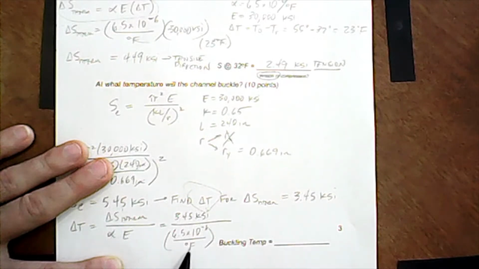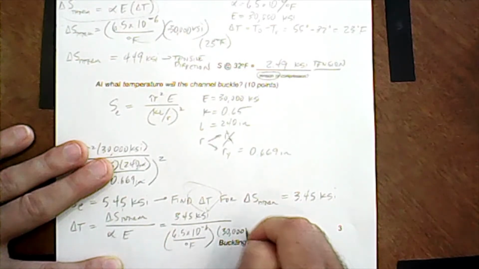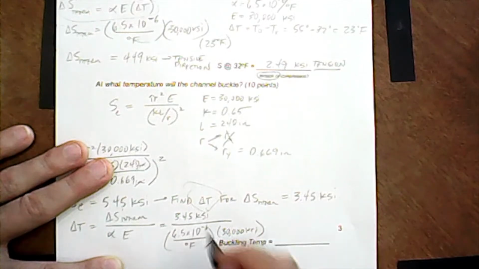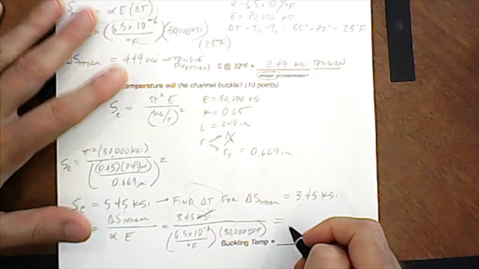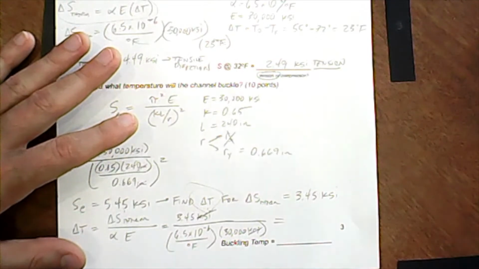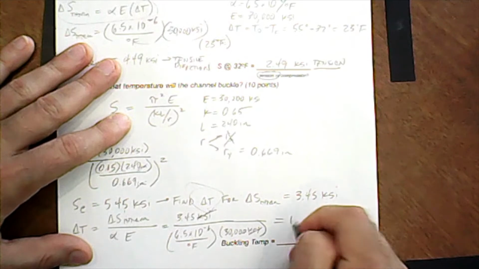And notice that degrees Fahrenheit is in the denominator of the denominator, so that pops back up to the top. And then times 30,000 KSI. Right, and notice the KSIs cancel. So we get 17.7 degrees Fahrenheit. That's our change in temperature.